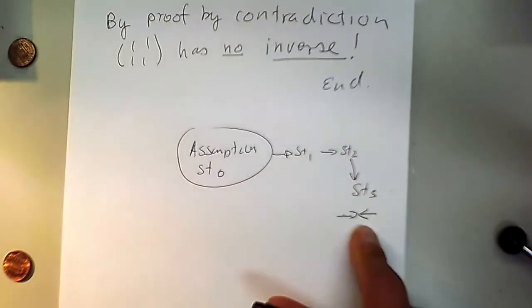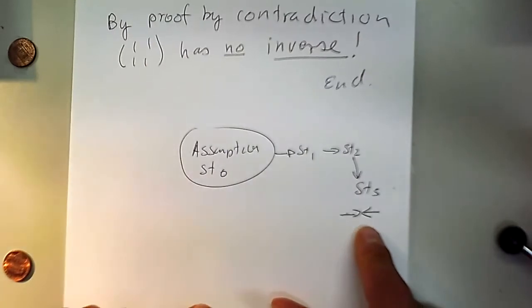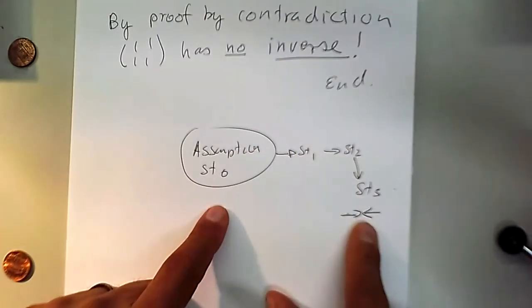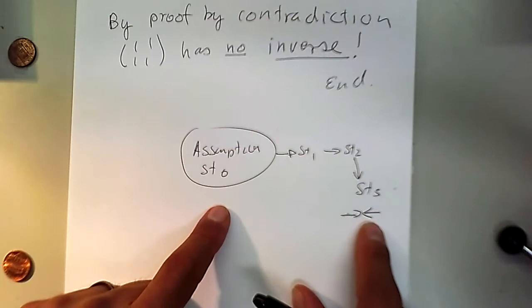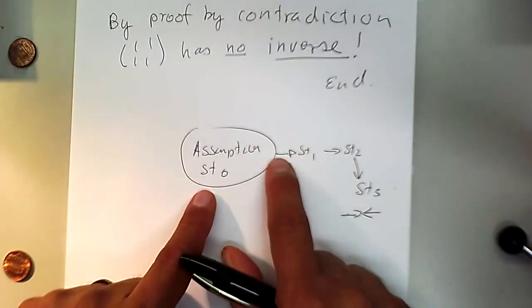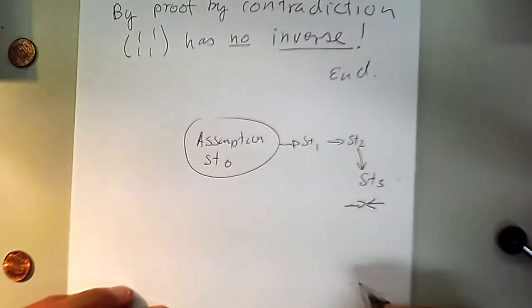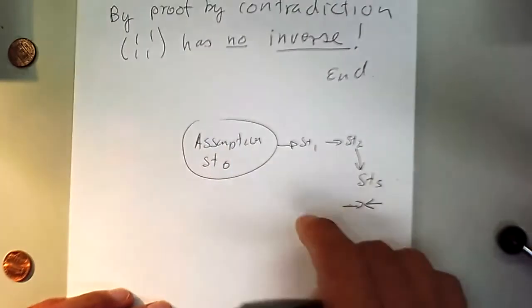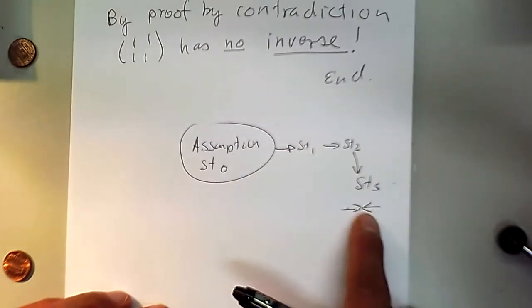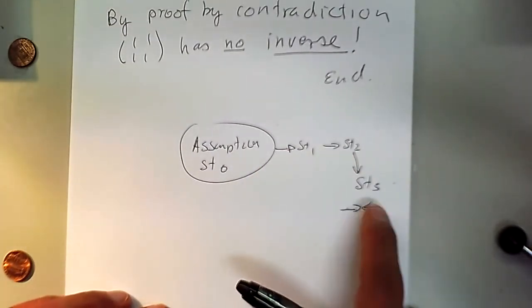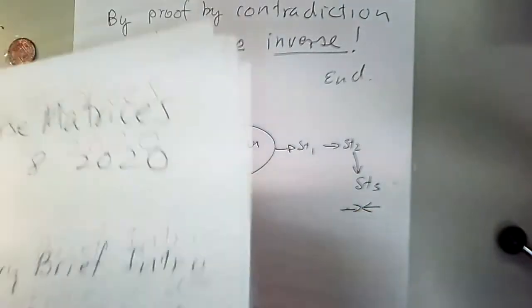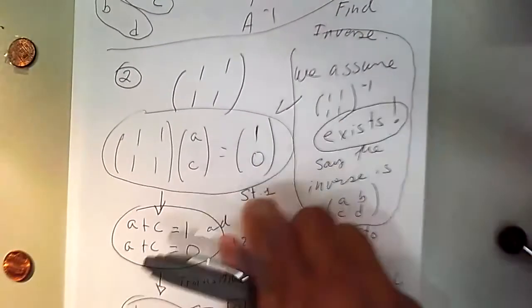One of the problems with proofs by contradiction, and this is the body of a proof by contradiction, is that sometimes it is not easy to know which path to follow. And sometimes there is more than one path. So for instance, we followed the path of column number 1 when we proved that an inverse does not exist.